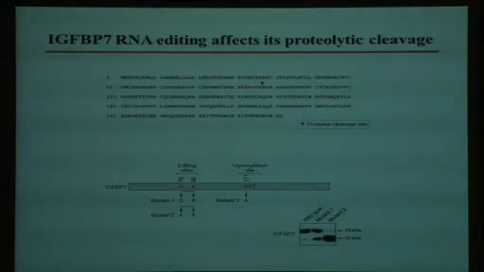To our surprise, the wild-type protein has a 25 kilodalton band, which is very low in amount. When you cause this editing defect, it causes increased proteolytic cleavage of this protein. However, when you create an alanine mutant, the proteolytic cleavage goes up further.